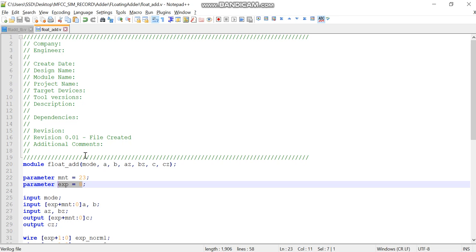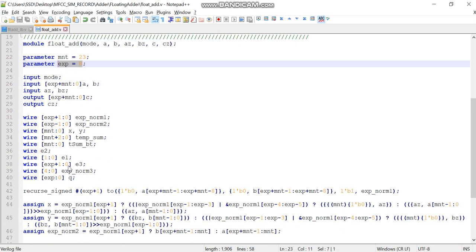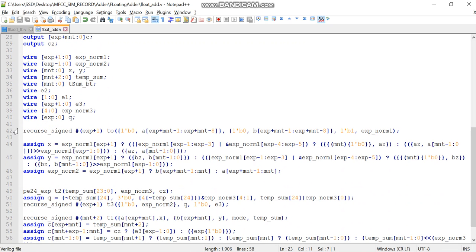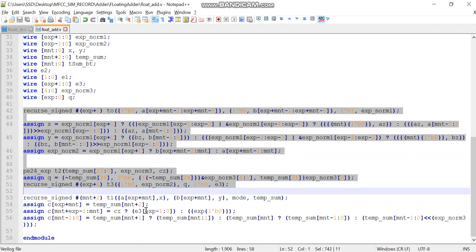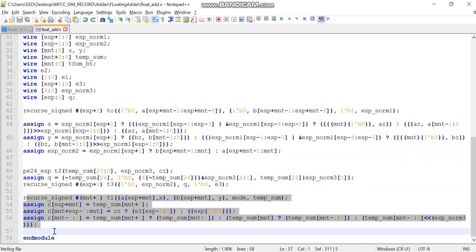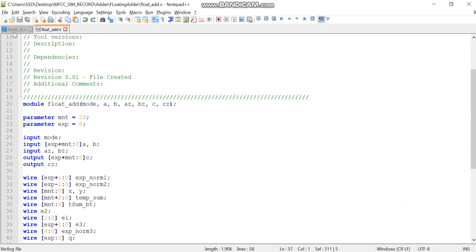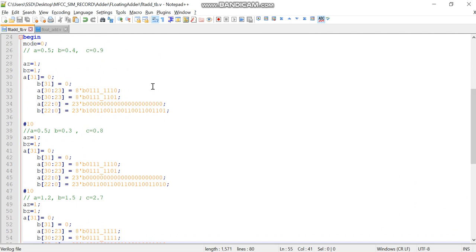The hidden bit should be properly considered to avoid errors. So this module gives the exponent equalization, and this gives the mantissa addition according to the shifted exponent with all the conditions. Now let us look into the test bench of the floating point adder.